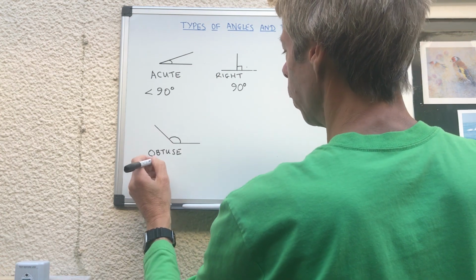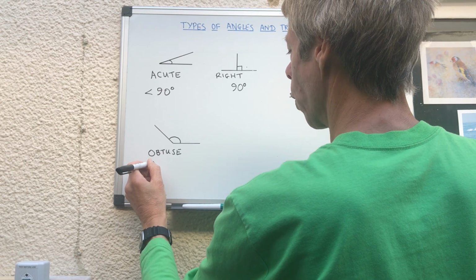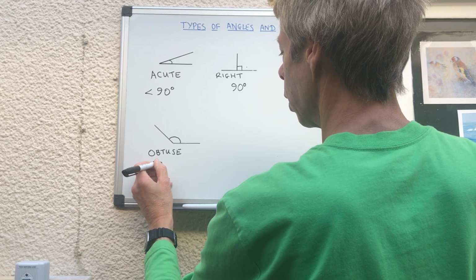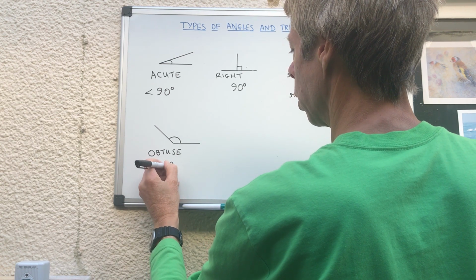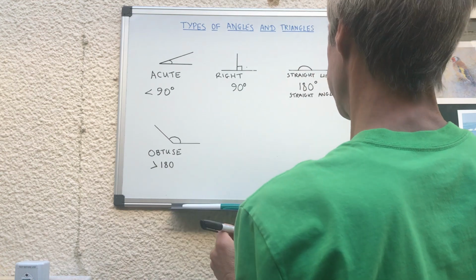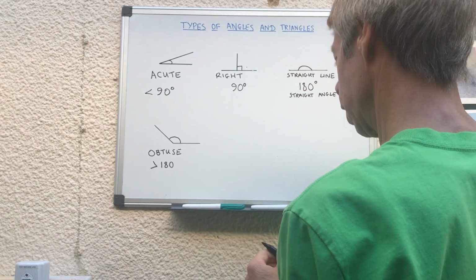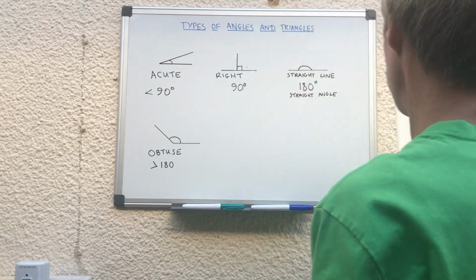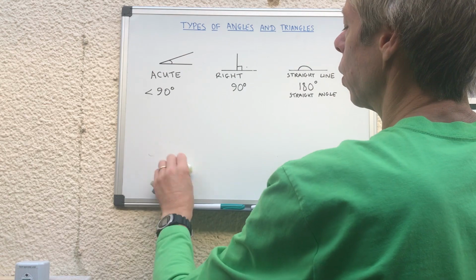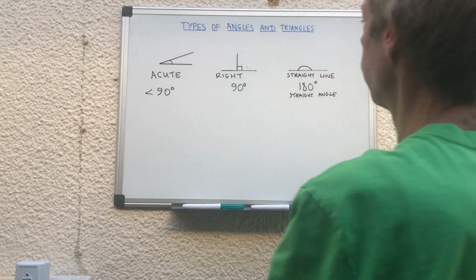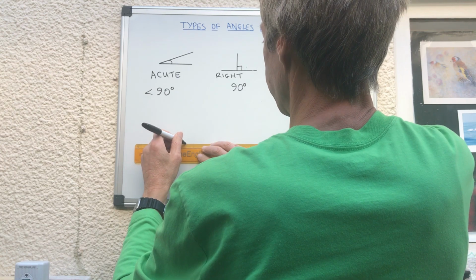An obtuse angle is greater than 180 degrees. It's not. I'm lying. I knew there was a reason I did them in a certain order. As you can see, I don't know why I just rubbed the whole thing out, but there you go.